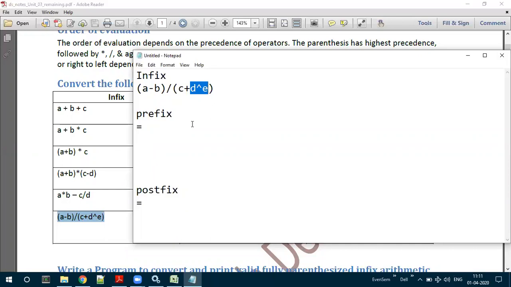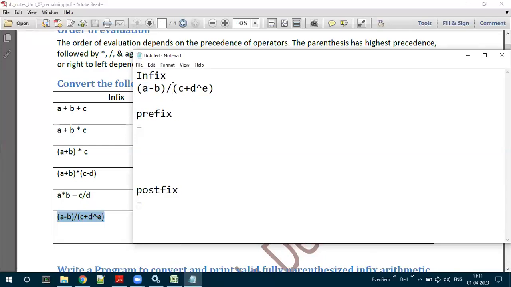Now we know that brackets have got the highest precedence. So even though we have the division operator, this A minus B is placed within a pair of brackets. That means we have to evaluate this A minus B first, and then we can proceed to the division operator.